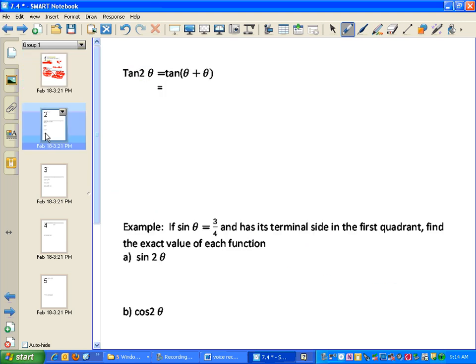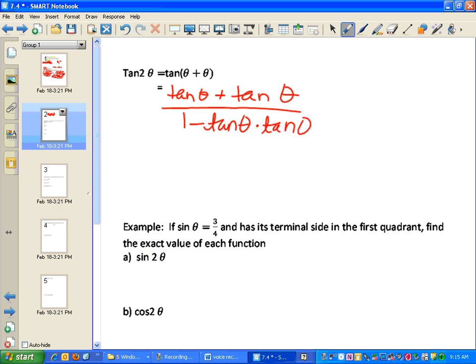Okay, so the tangent of 2 theta. Well, that's the tangent of theta plus theta. So let's derive it. When we use our summation for our tangent, we say that's the tangent of theta plus the tangent of theta, right? We add the first one and the second one over 1 minus, and what do we do now? We multiply them. Tangent of theta times tangent of theta.